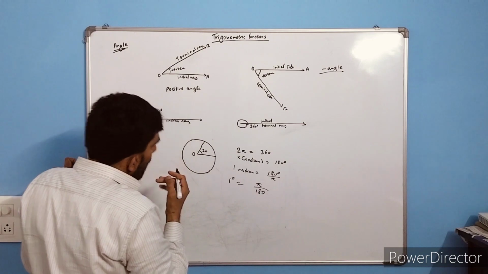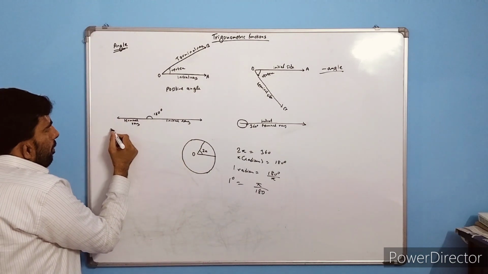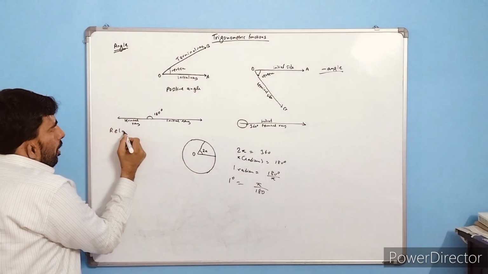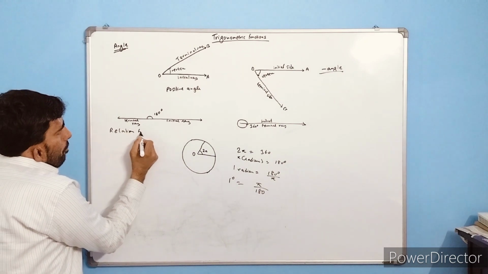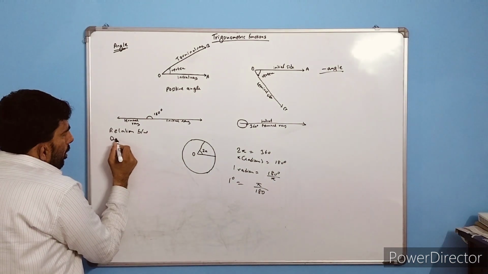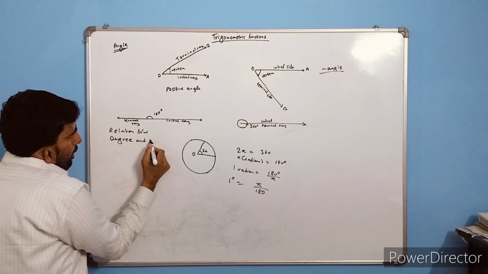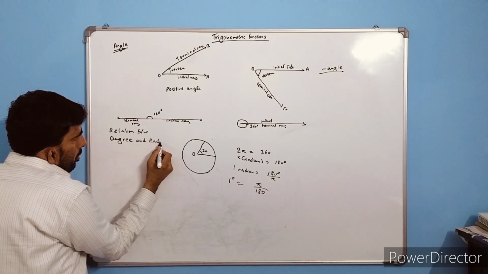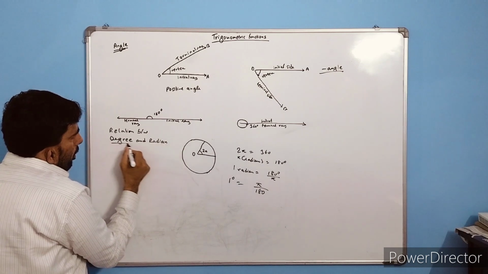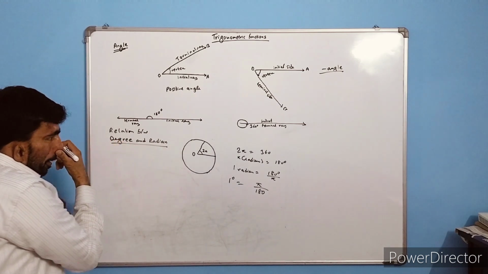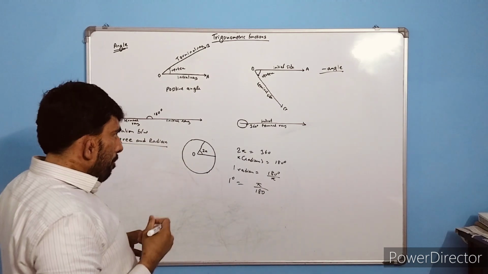That is how we can take the relation between degree and radian.